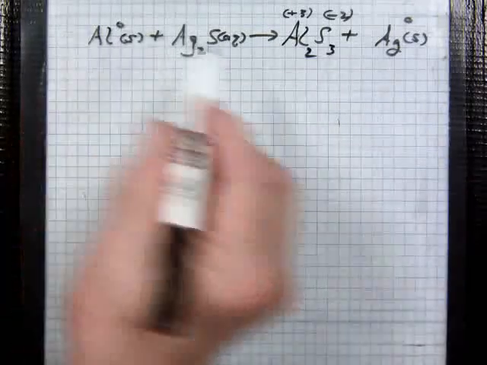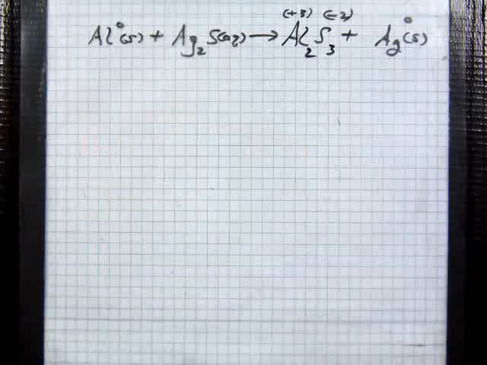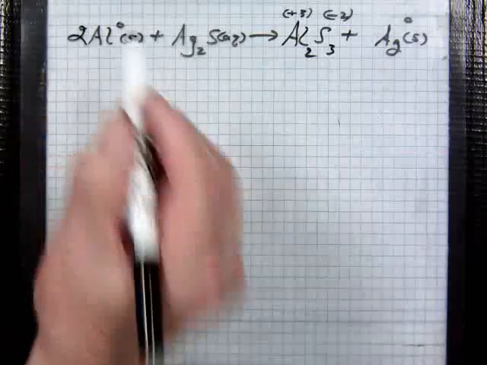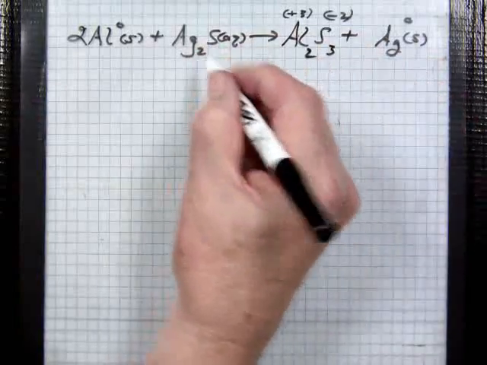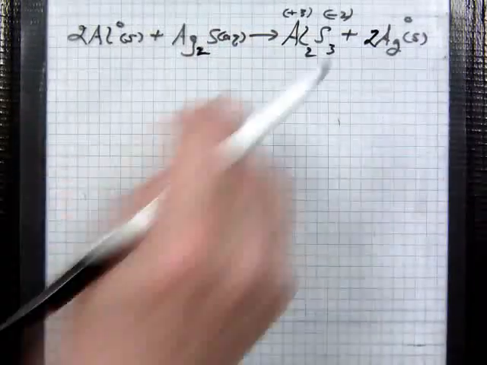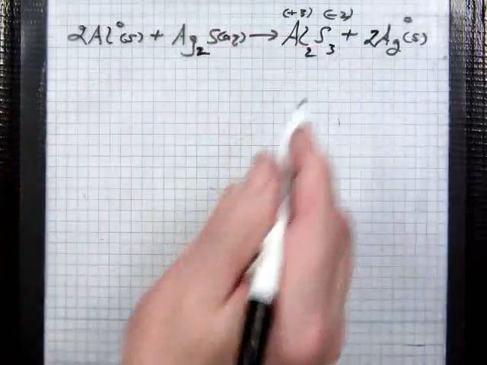So we'll have to balance this out. I need a couple of aluminums here, and that's Ag2, so I need a couple here. And I've got 3 sulfurs, so I've got a problem.